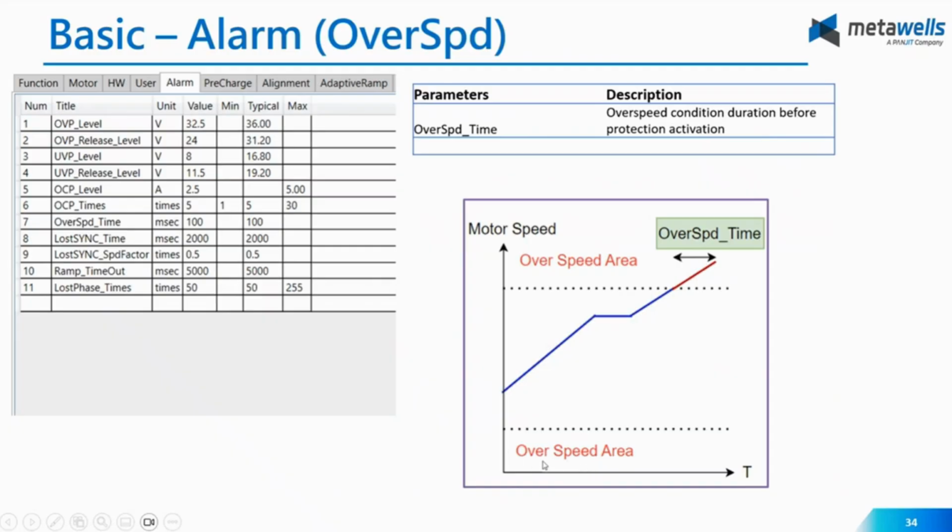So we can define these areas as the unreasonable speed range. As shown in this diagram, when the estimated speed enters the over speed area and remains there longer than the set over speed time, the over speed protection is triggered.